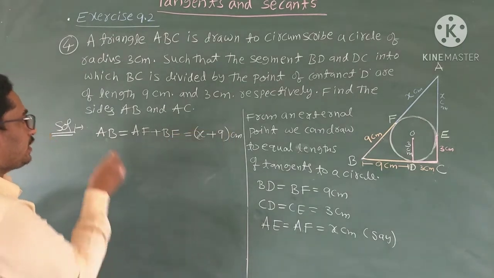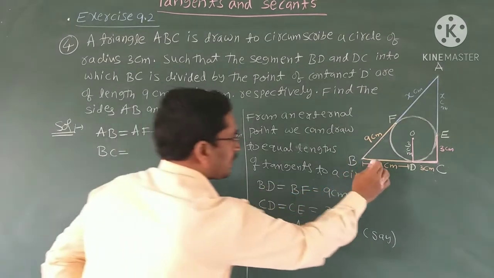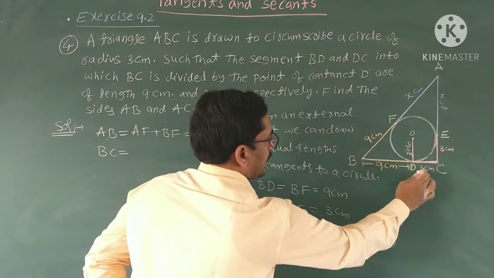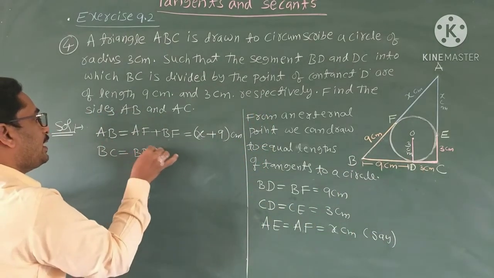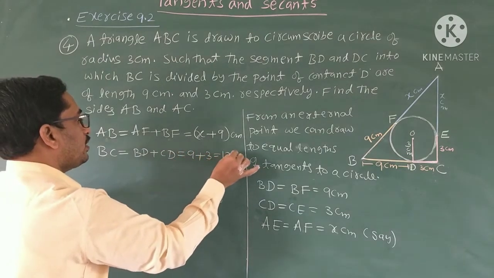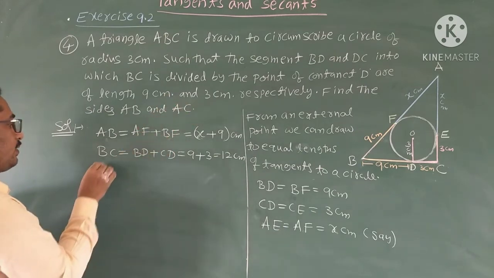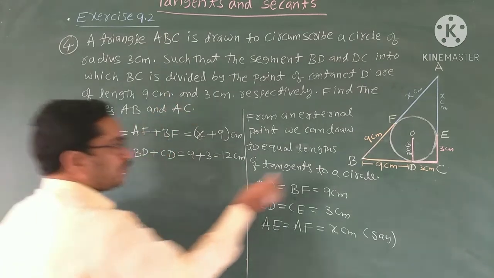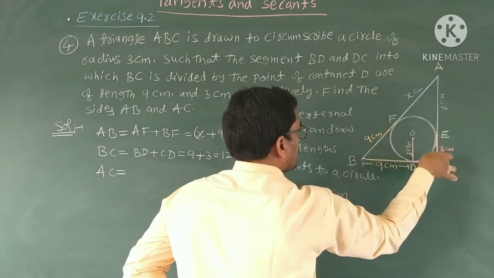Next find out the length of BC. BC is already given, but write BD plus CD. It is equal to 9 plus 3 equal to 12 centimeters. Next find the length of AC. AC equal to the complete length, AC equal to AE plus CE.